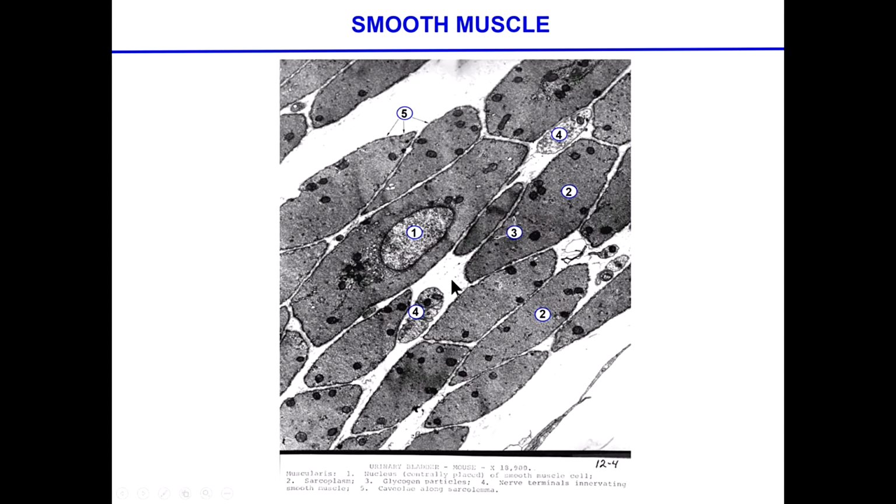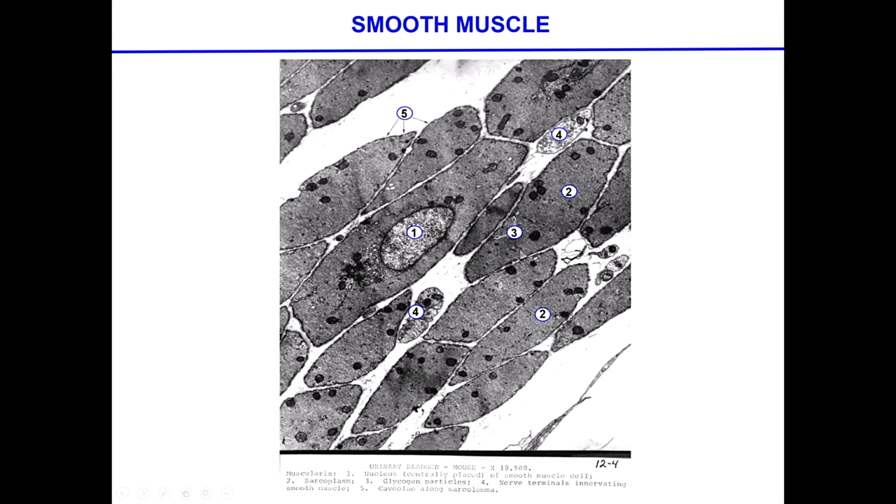Again, smooth muscle cells with the different structures numbered. Number four, here and there, those are nerve terminals. Those are the connections with the nerve tissue. Of course, number one is the nucleus, and then there are different kinds of connections.